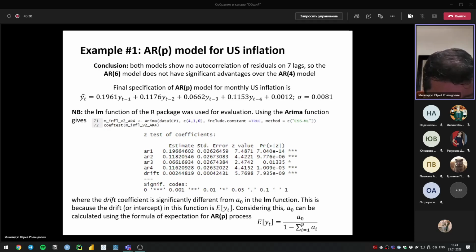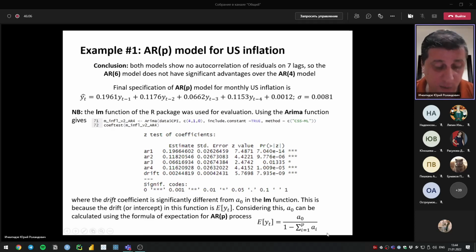And when you have a sample expectation for the analyzed series, you can calculate the coefficient A0 from the formula for the average for the ARMA process. We recall the previous lecture, or what was written on the first slide today, and the coefficient A0 is calculated from this equation.